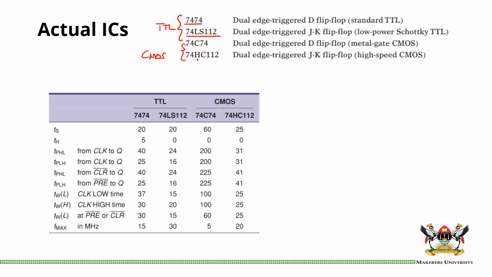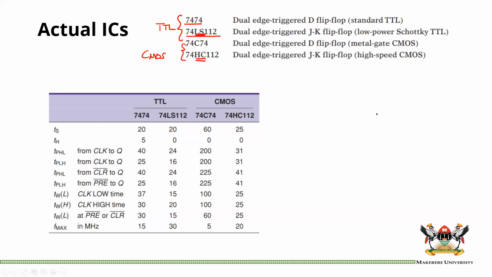So CMOS uses the symbol usually HC or C, but it's usually HC. And TTL usually uses the symbol LS or just S, but usually LS. So if you see those, you know what it means basically. You know that either this is TTL or if it is HC, it is based on CMOS technology.